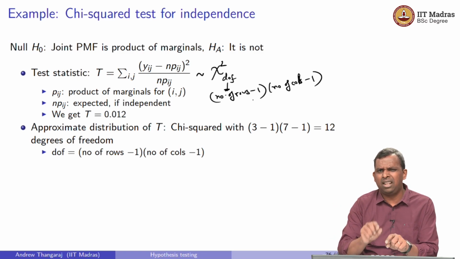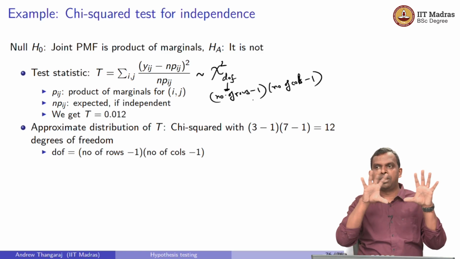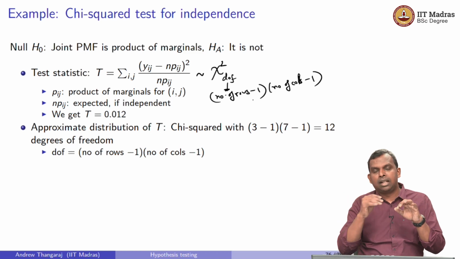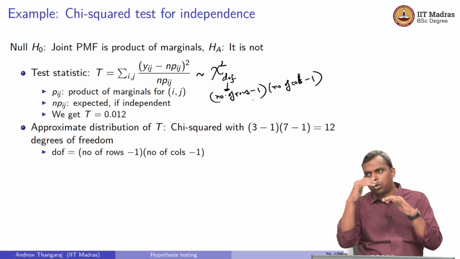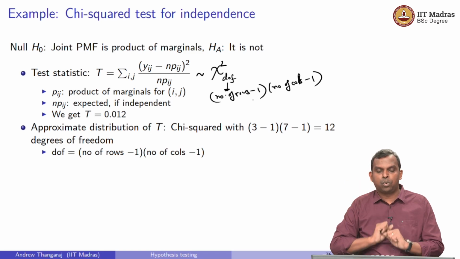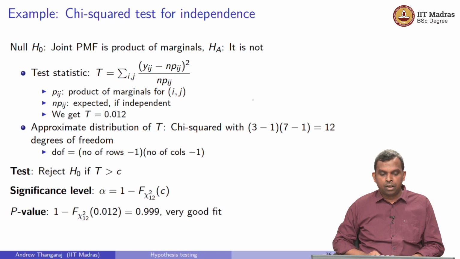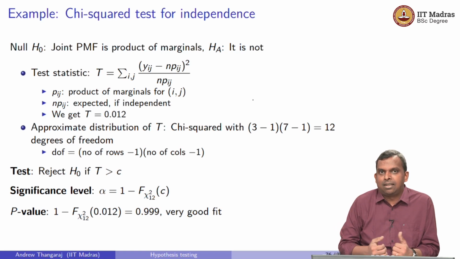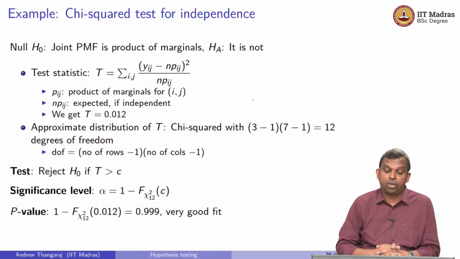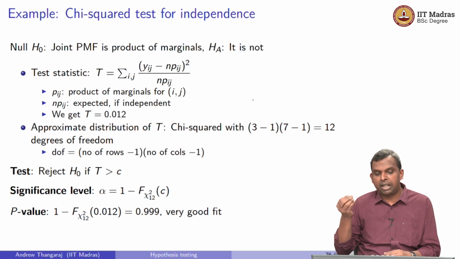This is one minor change when you go to this two-dimensional distribution, because there is a constraint for every row and a constraint for every column. The sum of the rows should be something, the sum of the columns should be something. So overall, there'll be this minus 1 multiplying. Once you do that, the remainder of the test is very easy. You reject H naught if t is greater than some critical value, since we expect t to be small.